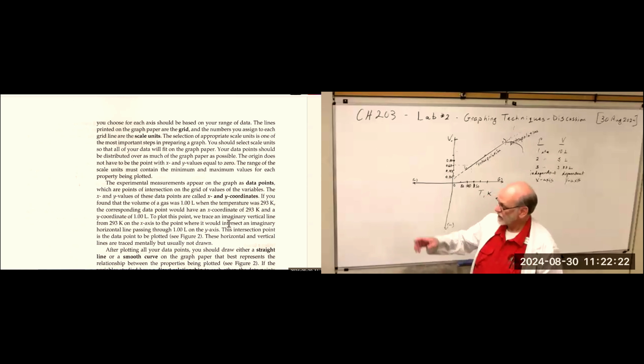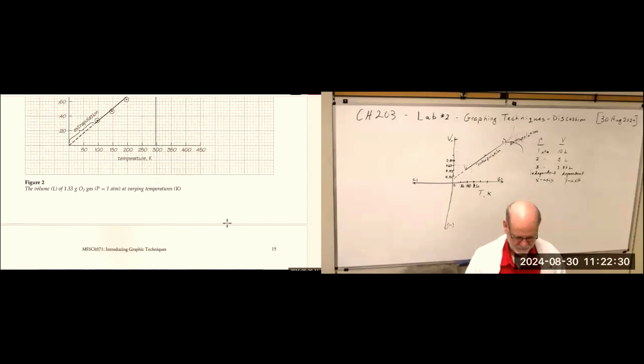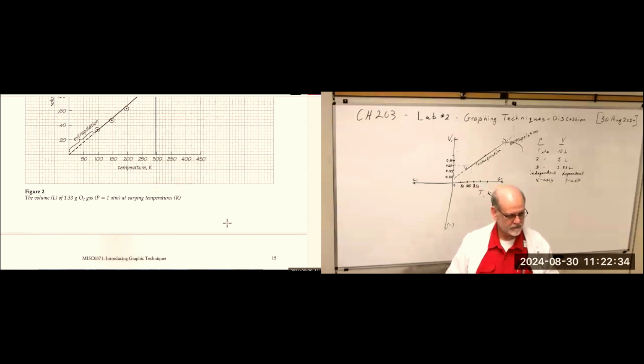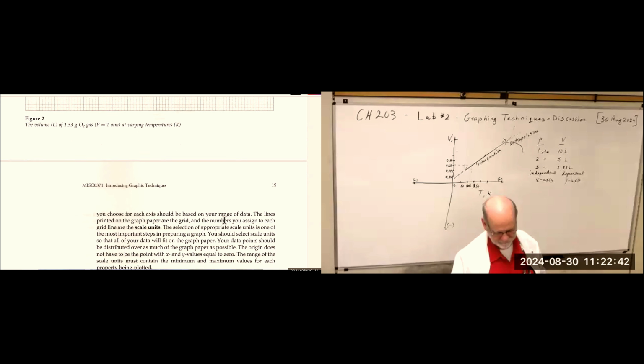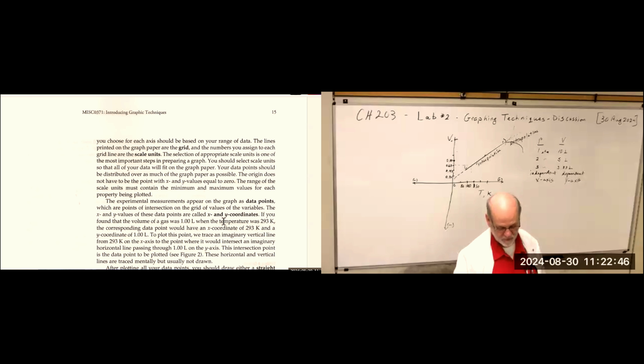All right. Those numbers are called scale units. So the scale units here are 50 for every 5 units, or 10 for each unit, for each mark. Those are scale units on the grid. The grids are the lines on the graph paper.